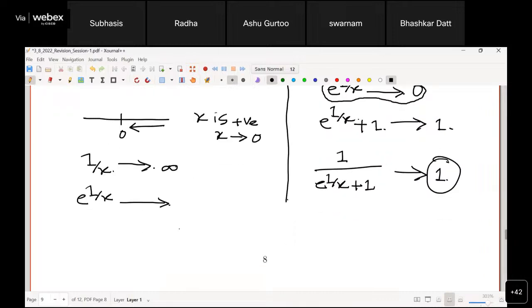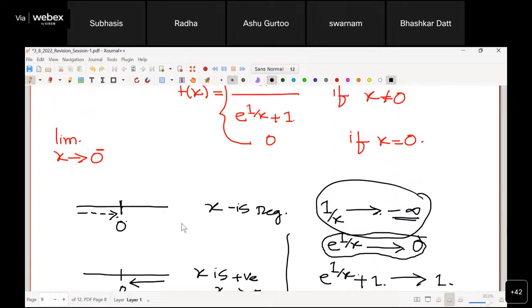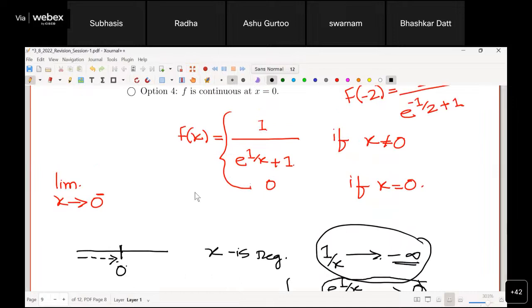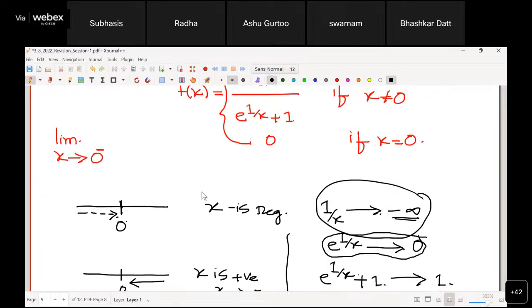Sorry to disturb, but as far as I understand, division by 0 will not be defined. No, division by 0 is not defined. I agree. So for 1 by 0, how are we telling that it will go to infinity? Where have I written 1 by 0? Can you tell me?